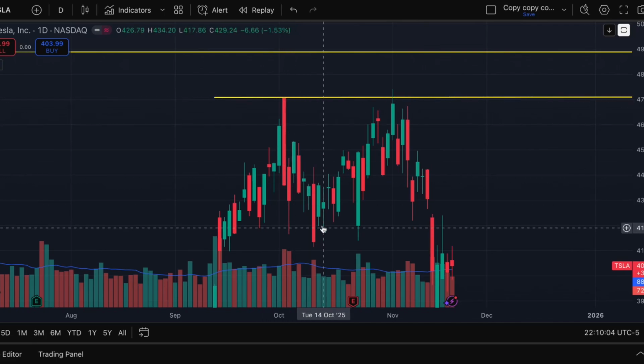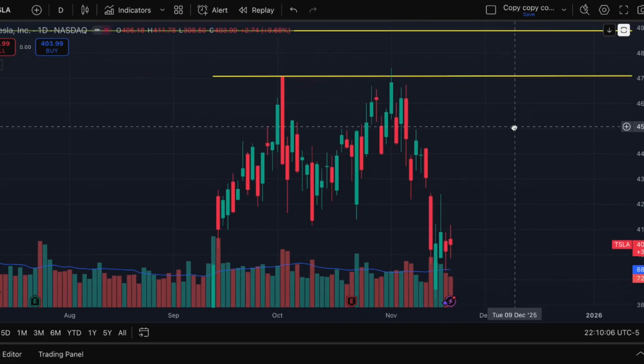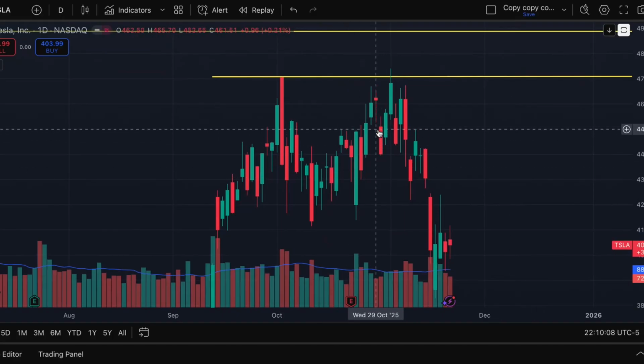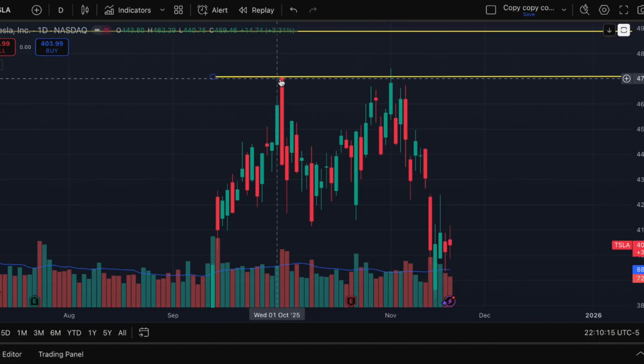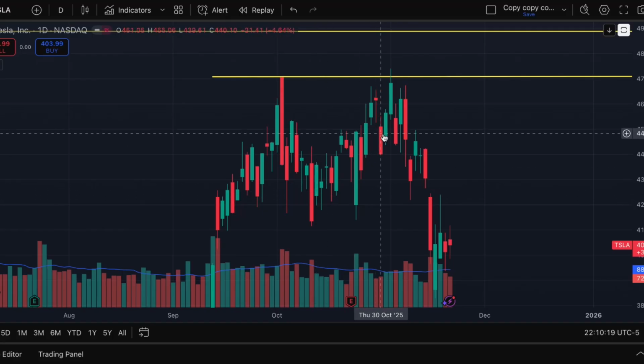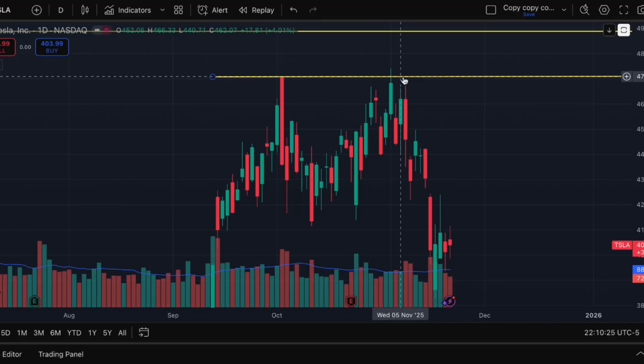So if you were looking to go long here, a good spot to have sold your position was at this level, because remember, we already tapped this level and we rejected. If you came back up and bought some Tesla here, you would probably want to set a stop loss, or take some shares off the table, sell your position, because if we reject off of it like we did, you see this candle, the body wasn't above this resistance level.